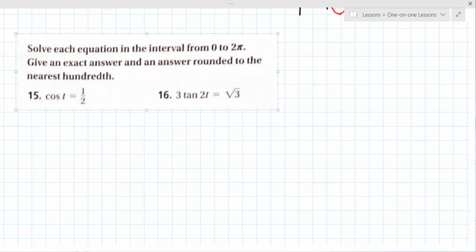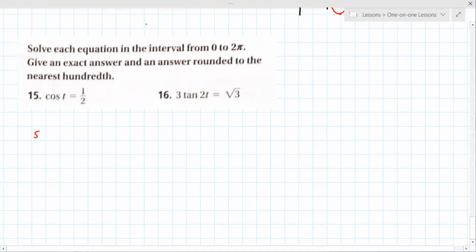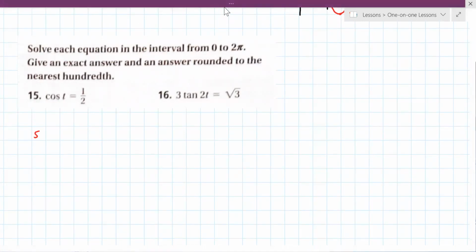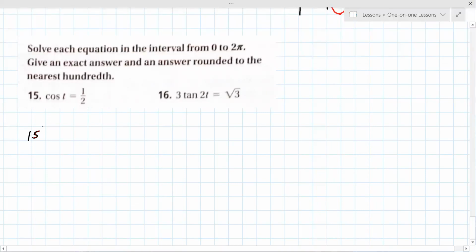Do you have that Trig cheat sheet that I sent you a link to at some point? Yeah, I have it pulled up. Okay. So if you look on your unit circle, number 15 is saying, where on the unit circle, cosine is the x value, where is the x value 1/2?